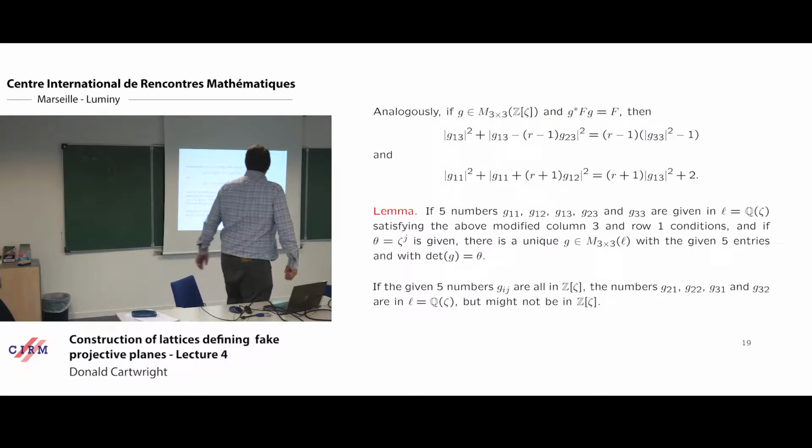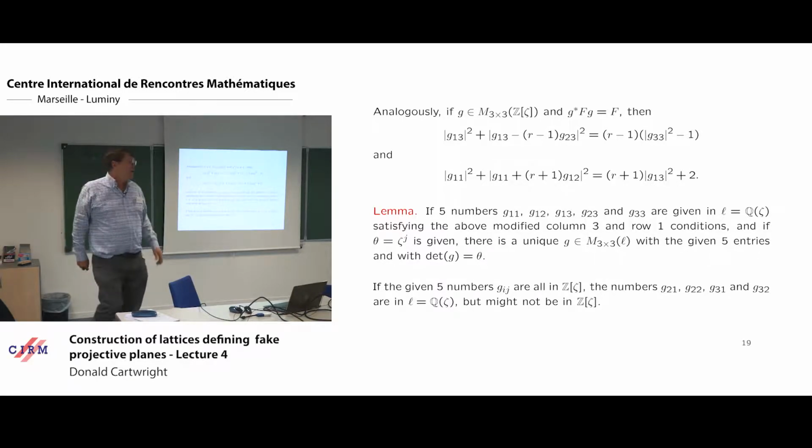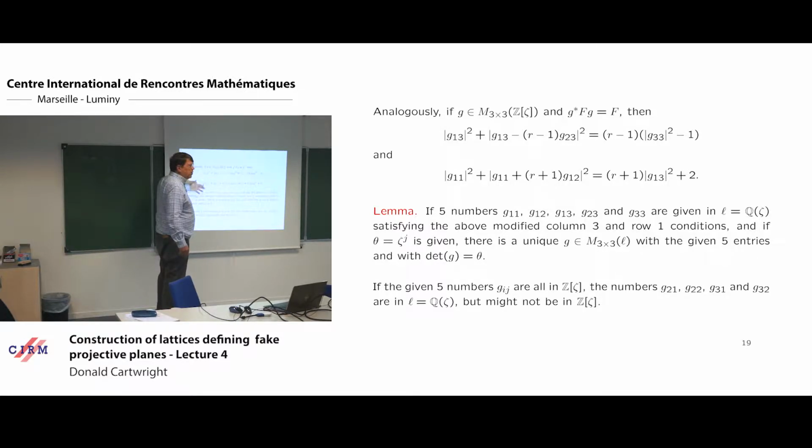Really? Okay. So analogously, we're actually working with matrices which are algebraic integers in this particular field, satisfying this, so F instead of F0. But there are still two conditions which are analogs. This is a column 3 condition.